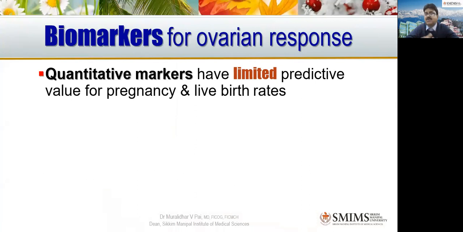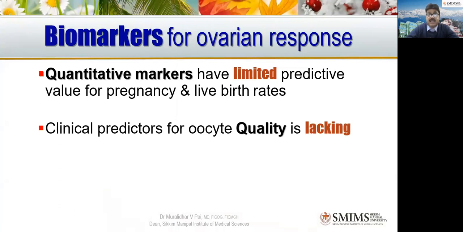These are all quantitative markers, isn't it? So we are estimating the AMH level, we are counting the follicles and all that. So clinical predictors of oocyte quality are lacking. We can only say how many oocytes are there. We can only say numbers, but we cannot say whether this is a good oocyte. Only after retrieval will the embryologist tell us.